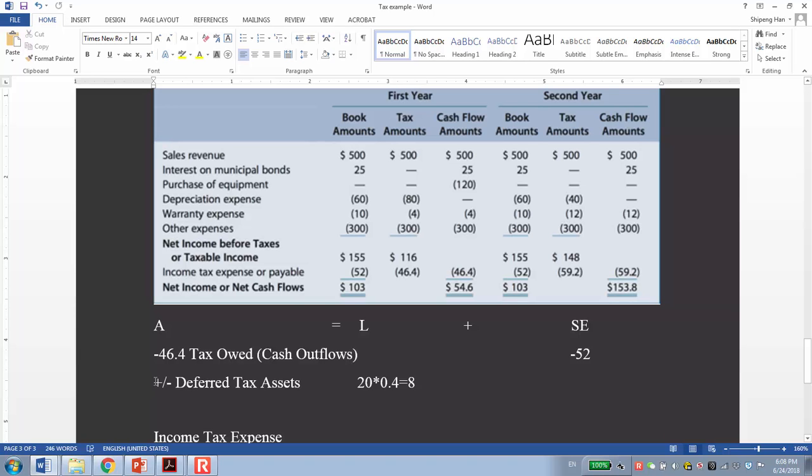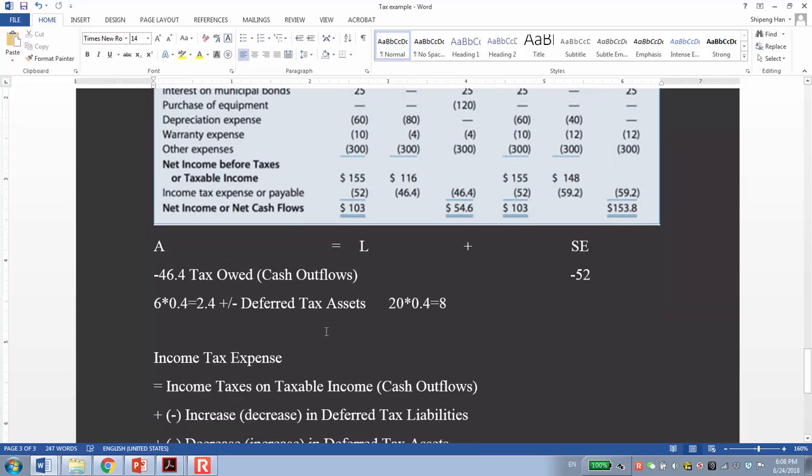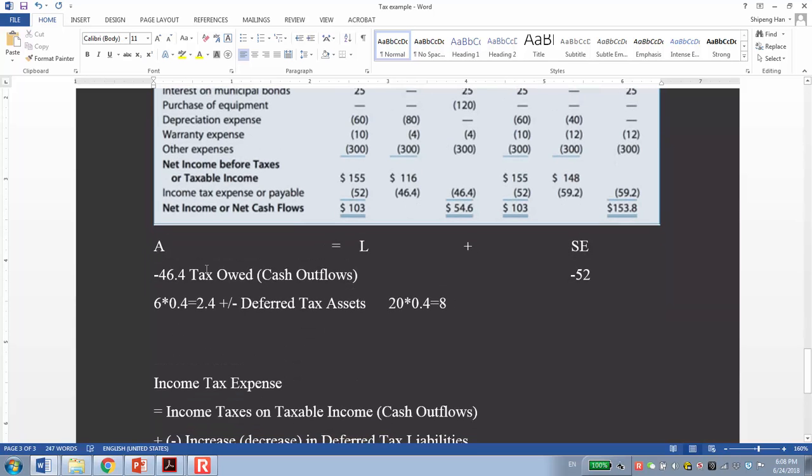So deferred tax assets increase; the difference is 6 multiplied by 0.4, which equals 2.4. Let me move it to the liability side. Right now on the left hand side, the total assets is negative 44. On the right hand side, it is also negative 44. So the accounting equation is balanced.